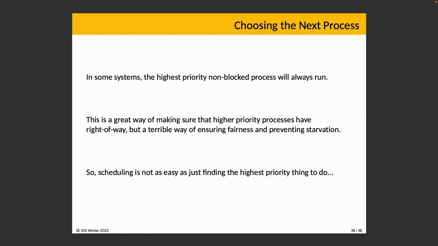They get to go first, they get to do what they want, but it's a terrible way of ensuring fairness and preventing starvation. So scheduling is not as easy as just always finding the highest priority thing to do. And in our next topic, we're going to start looking at some actual potential scheduling algorithms, things that will be used to make decisions about what we're going to do to try to balance all of the criteria that we have talked about before this.